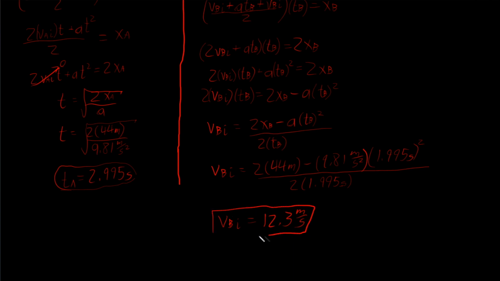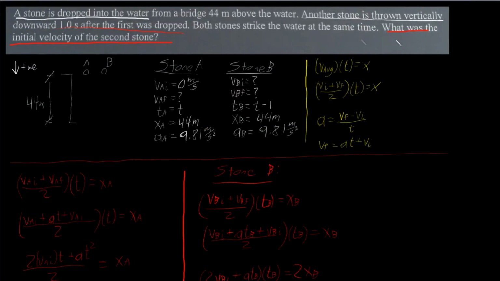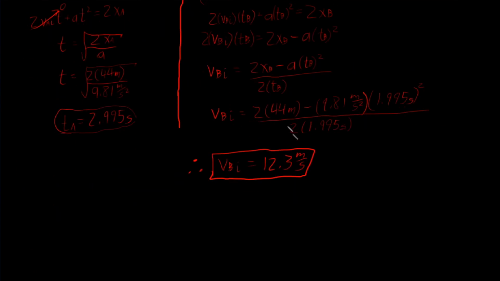So this is the answer to the question. The question that was asked was, what was the initial velocity of the second stone? Here's how we calculated it. The initial velocity of the stone was 12.3 meters per second downwards.